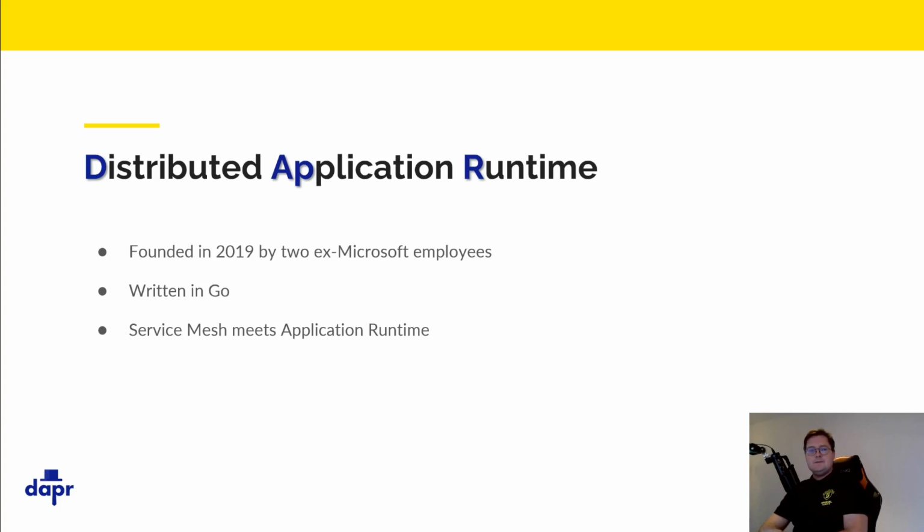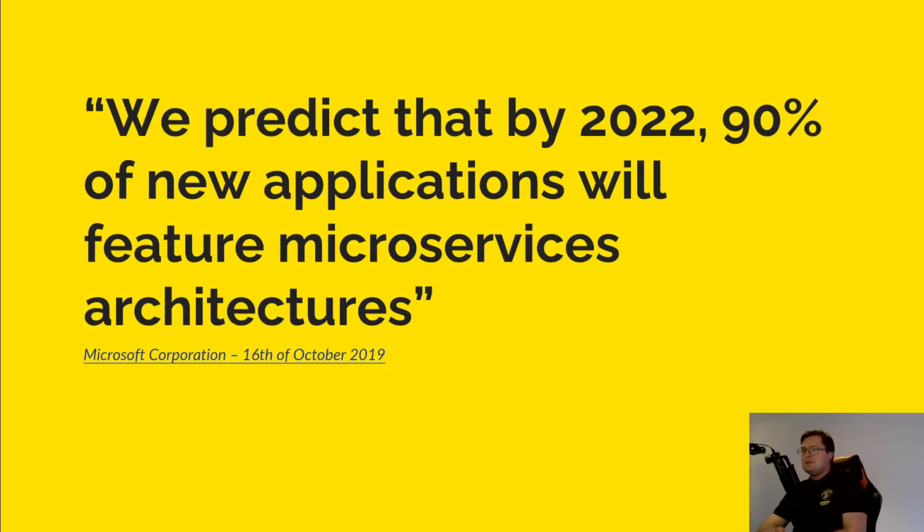So actually, 3 days before they released the first ever version, Microsoft released a press statement with the following quote: "We predict that by 2022, 90% of new applications will feature microservices architectures." And I don't know about you, but it's 2022 right now. Has that come true?